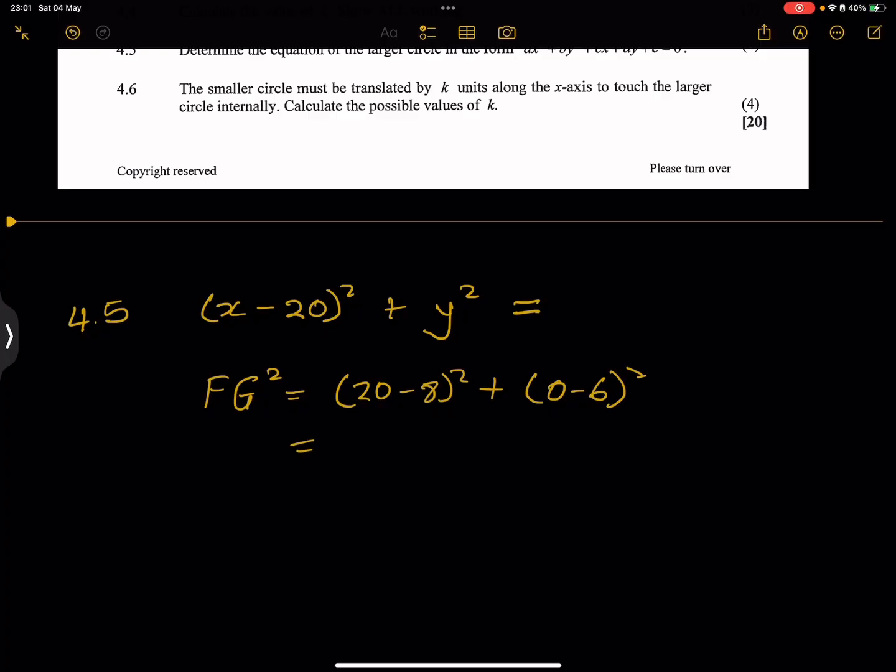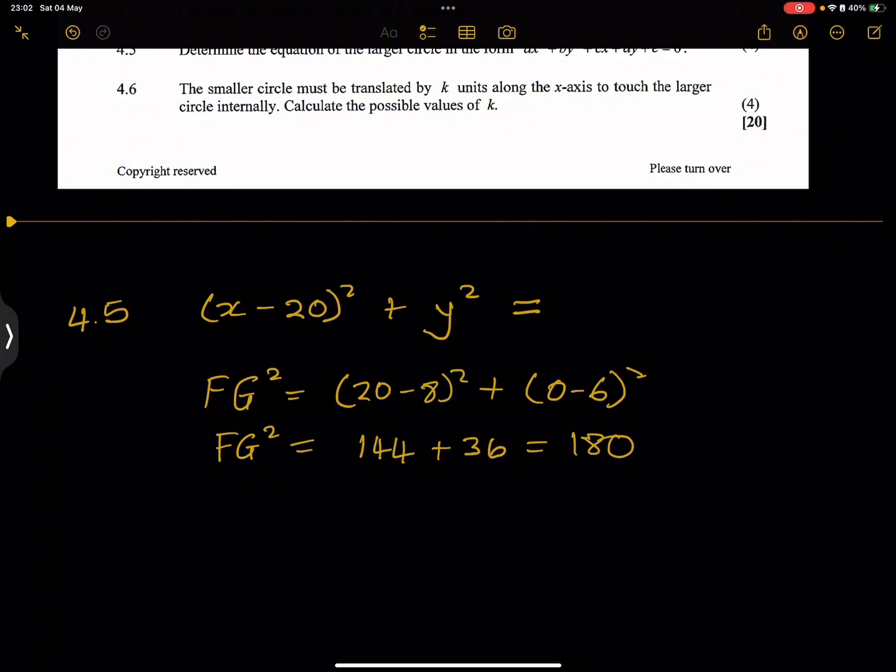And what does this give us? That would be 20 minus 8, that would give us 12 squared, which is 144, and negative 6 squared is plus 36. If I add those two, that will give me 180. And this is FG squared, the radius squared of the big circle.